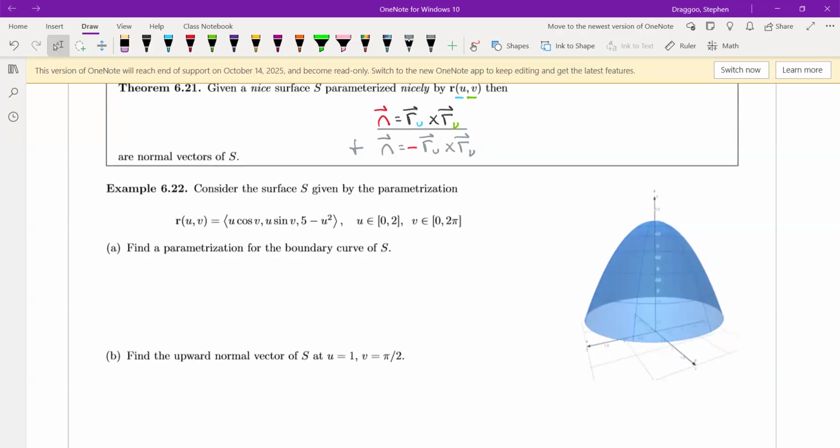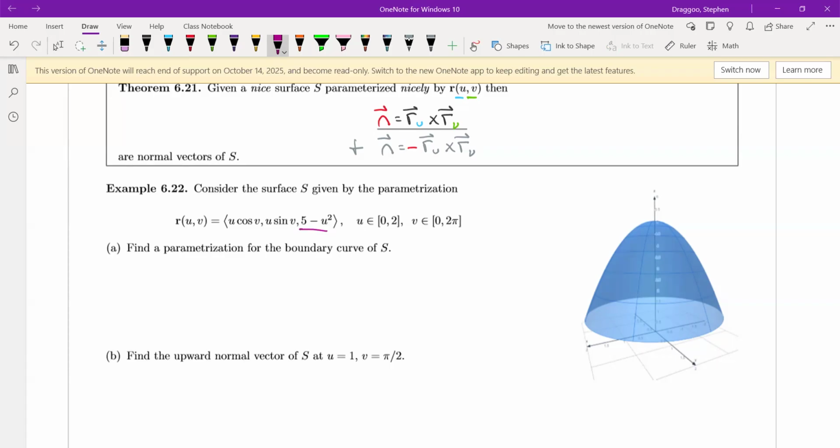Starting with this parameterization, which we are being told parameterizes the paraboloid over on the right. In particular, it's an elliptical paraboloid. It's opening down, and it looks like it's been shifted up 5 units based on that z component at the end there. Right? z is 5 minus u squared.